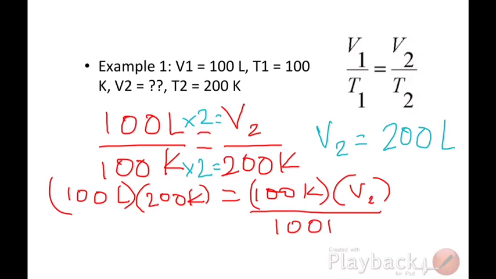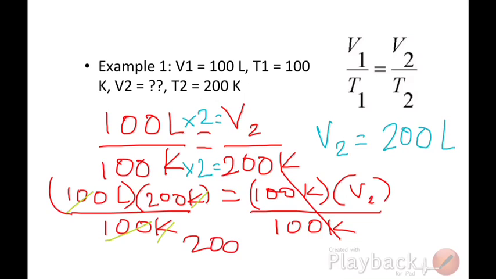So we do the opposite. We divide by the same thing on both sides. Our units of Kelvin cancel. We have 100 and 100 on the top and the bottom, so we can cross those out. We're left with 200, and our units are liters. Notice that we get the same answer, 200 liters. There we go.